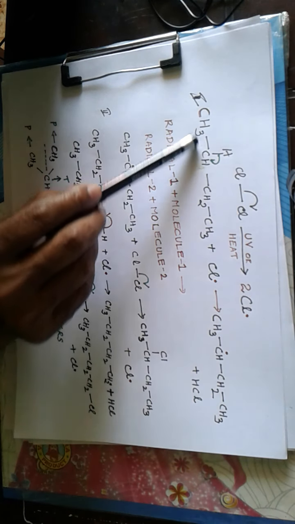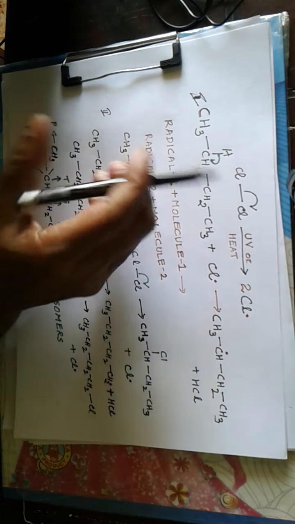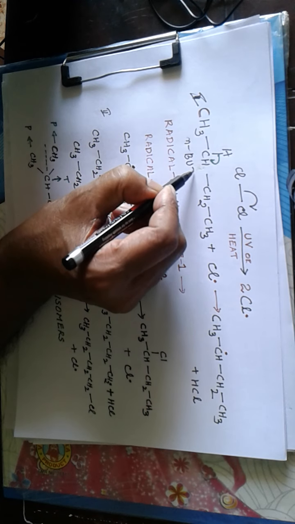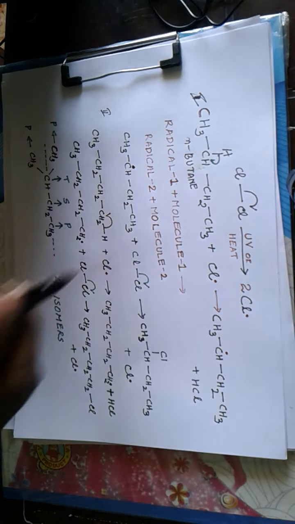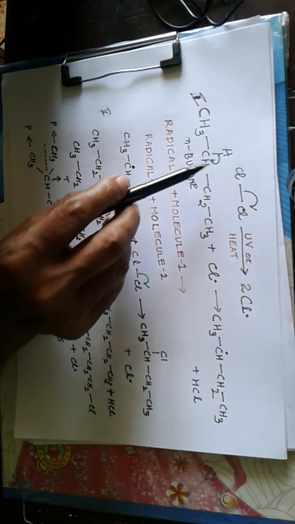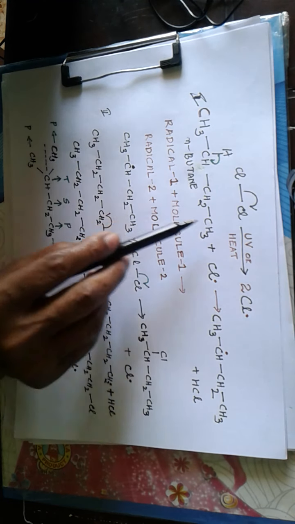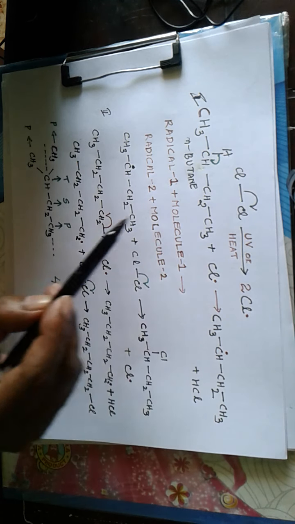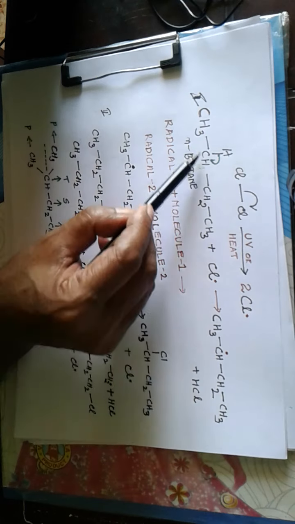So this molecule, that is n-butane, undergoes homolytic cleavage to give H radical and a butyl radical. Now chlorine radical reacts with this molecule. So radical 1 is chlorine radical and molecule 1 is n-butane.